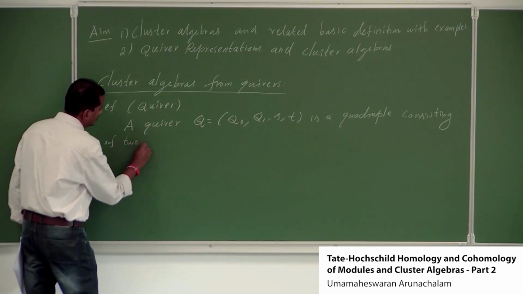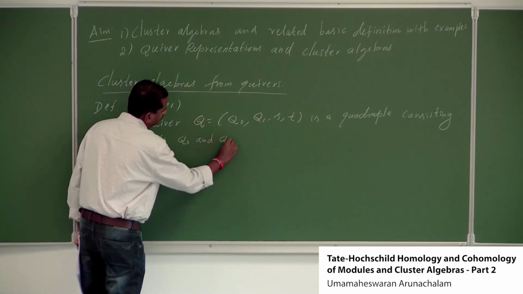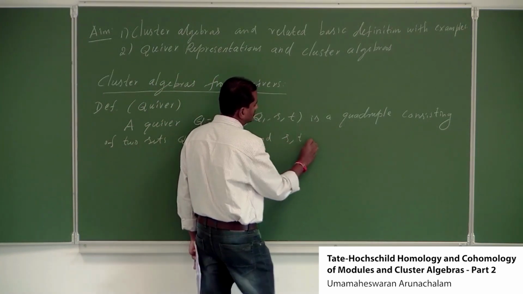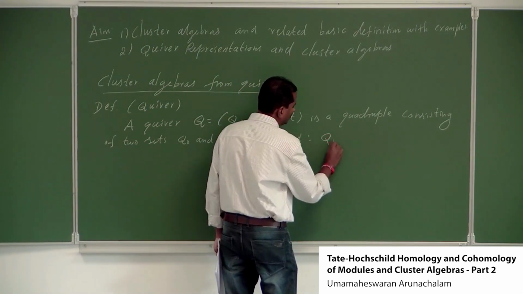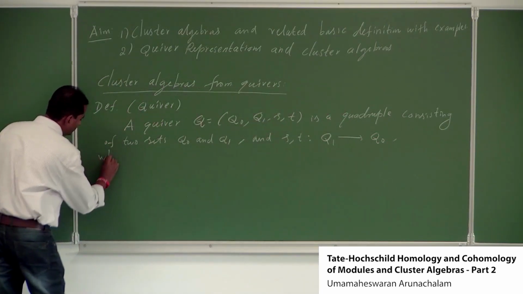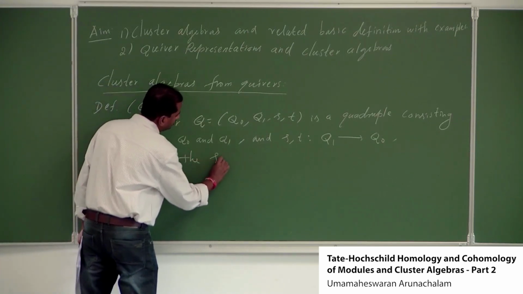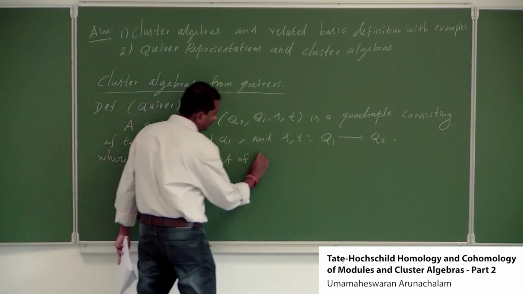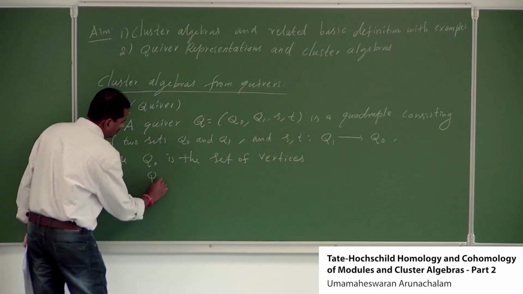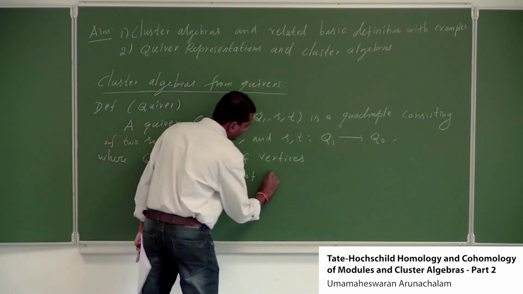These are maps from Q1 into Q0, where Q0 is the set of all vertices and Q1 is the set of all arrows or edges.